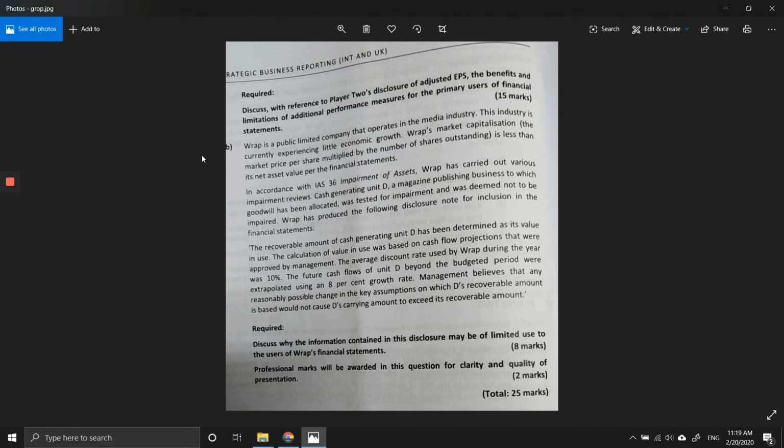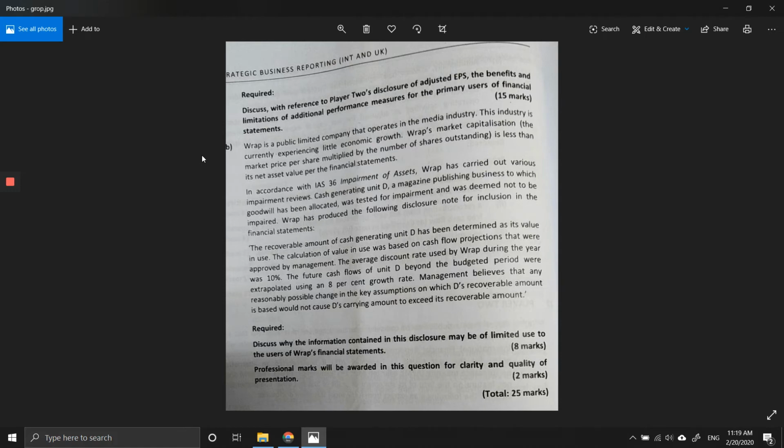Number of shares times the market price. In accordance with IAS 36 Impairment of Assets, RAP has carried out various impairment reviews. Cash generating unit D, a magazine publishing business to which goodwill has been allocated, was tested for impairment and was deemed not to be impaired. RAP has produced the following disclosure note for inclusion in the financial statements.